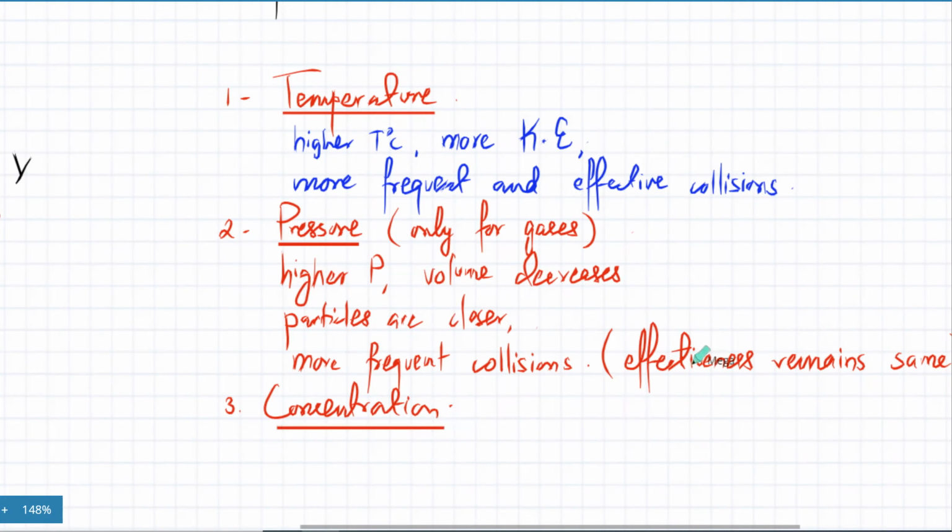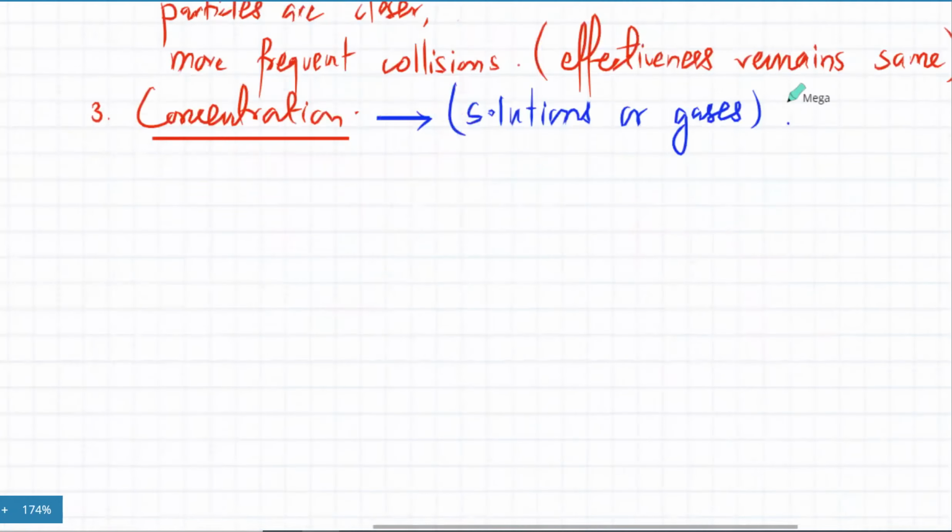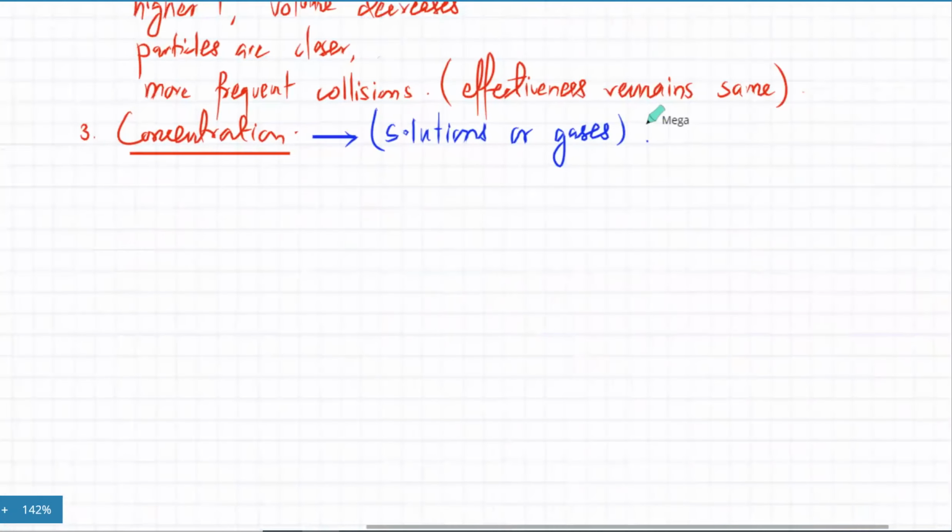Concentration is a term that only applies to solutions or to gases. You can't increase the concentration of a pure liquid. I mean, liquids and solids are already tightly packed. Like if you have pure water, the water molecules are already close together, so you can't make them closer to each other.